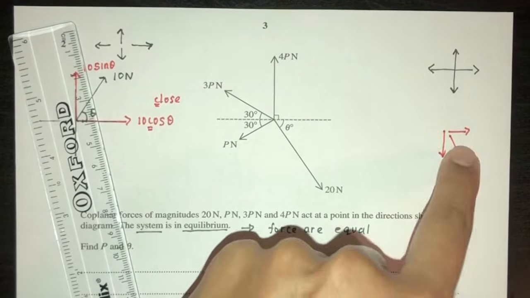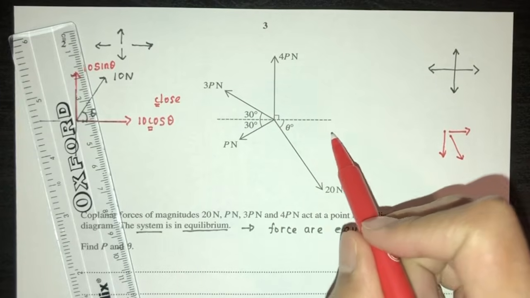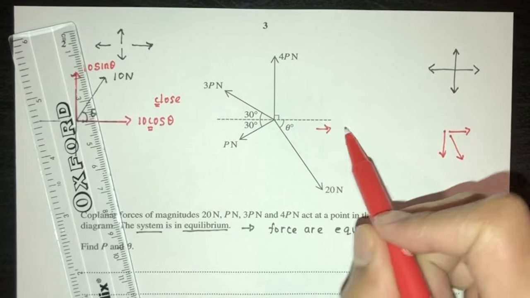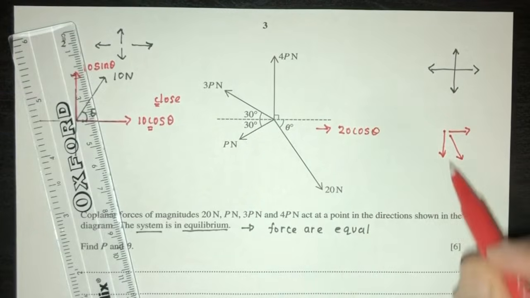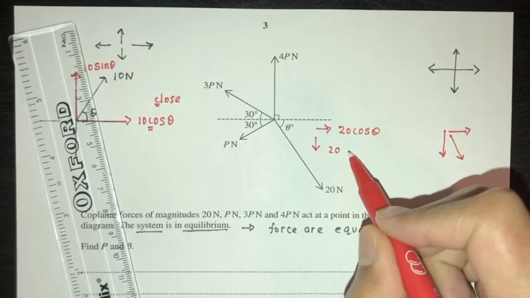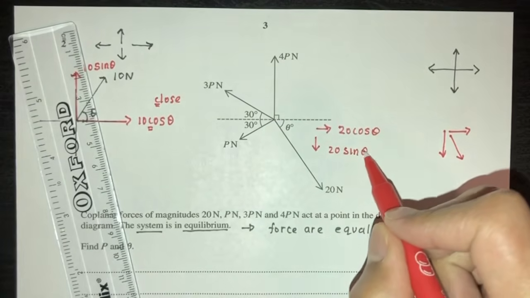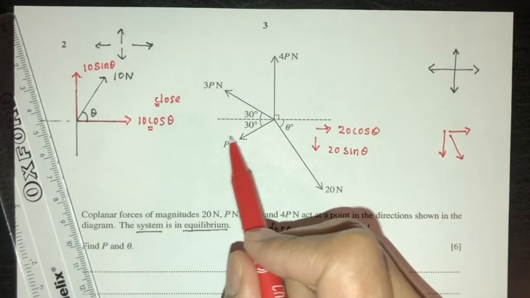Now this one here, you can see it is close to the angle of theta. It will be called 20 cos of theta, and this one will be called 20 sine of theta.